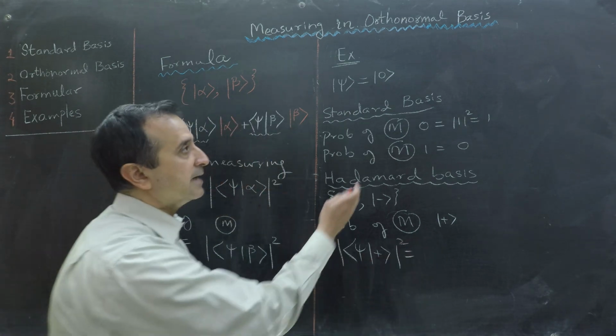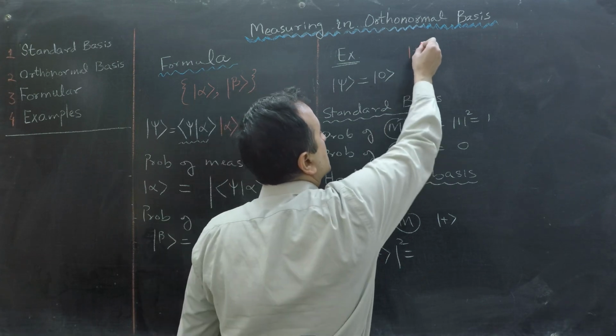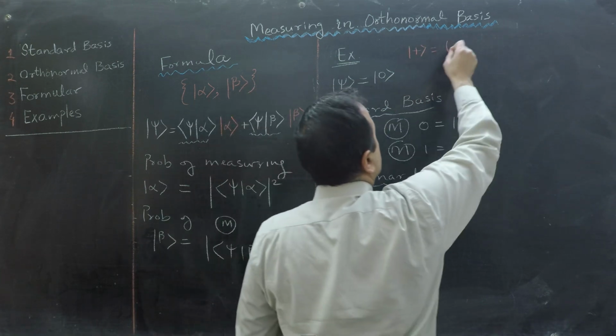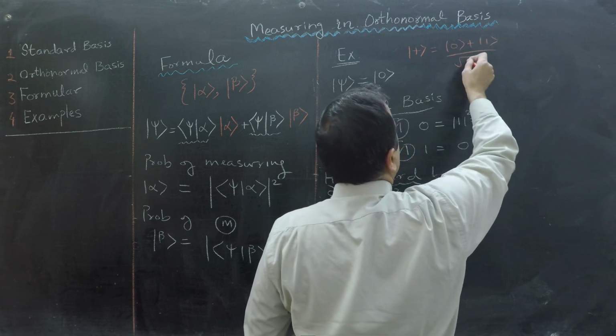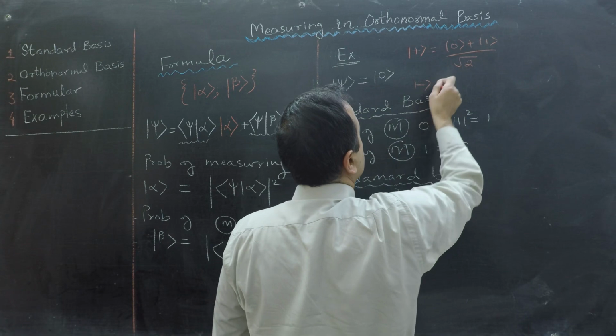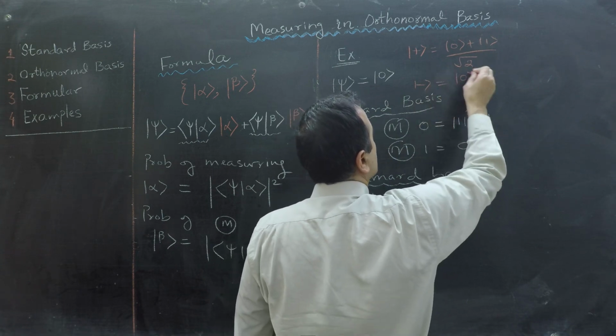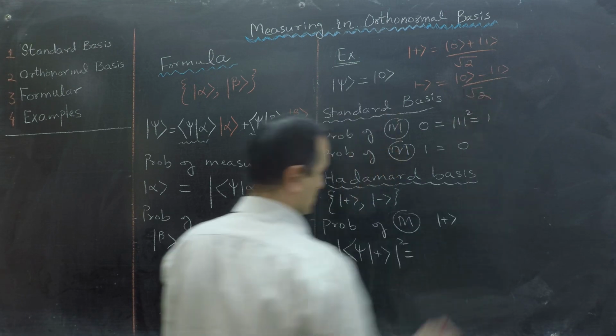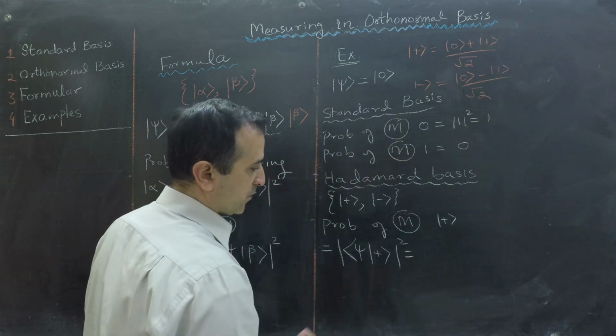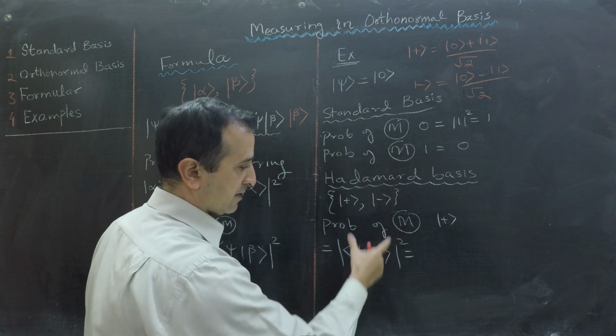Recall that ket plus is equal to ket 0 plus ket 1 divided by square root of 2, and ket minus is equal to ket 0 minus ket 1 divided by square root of 2. So let's compute this dot product and then we square it.